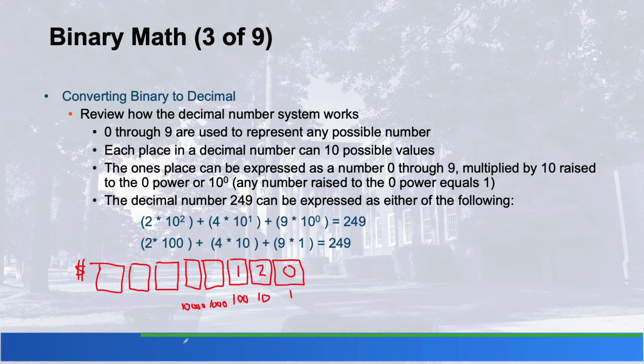And what your brain did was it multiplied the number that's in the place times the value. And your brain did that automatically. So it said 1 times 100 is 100.